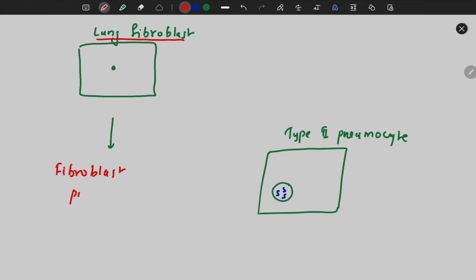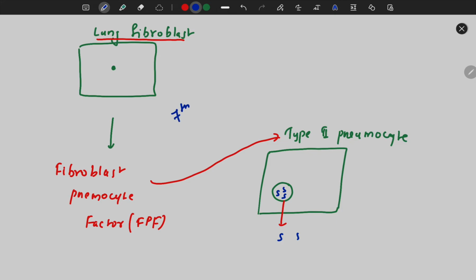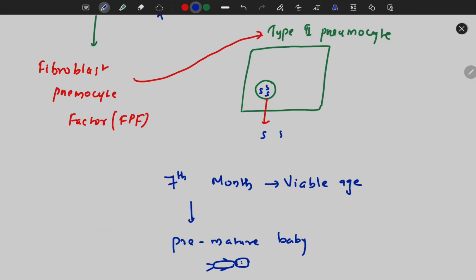This factor will go and act on the type 2 pneumocyte to release the surfactant. And you can see that the surfactants are released. This is happening at the 7th month. So the 7th month can be considered as the viable age.